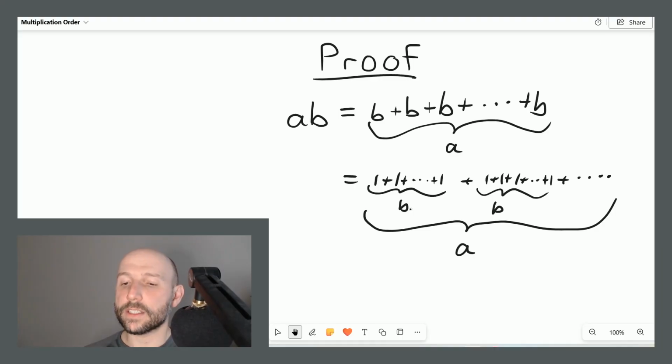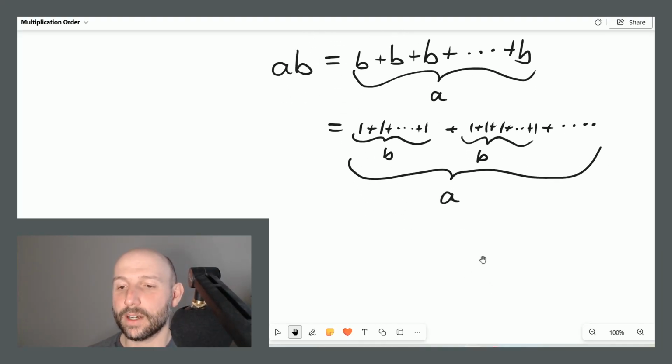Now, all of these 1's can be rearranged in a different order because addition can be done in any order. So, what if we take the first one from every one of these sets of 1's, right?